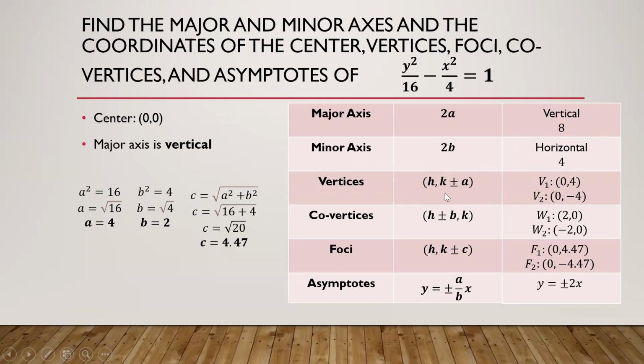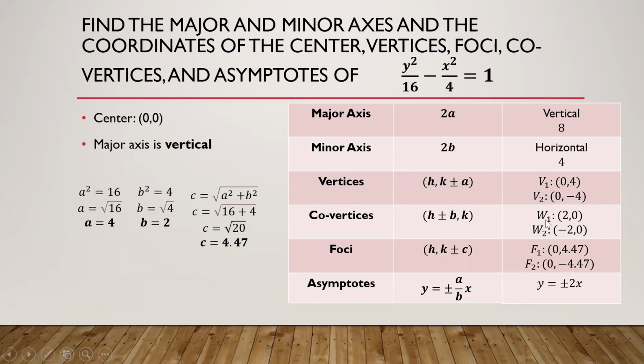For our vertices, h comma k plus a. So k is 0 plus a, that's 4, so that's positive 4. So the coordinates for v sub 1 will be 0 comma 4. We just copy h. H is still 0. Next, h comma k minus a. So that's 0 minus 4, which gives us negative 4.